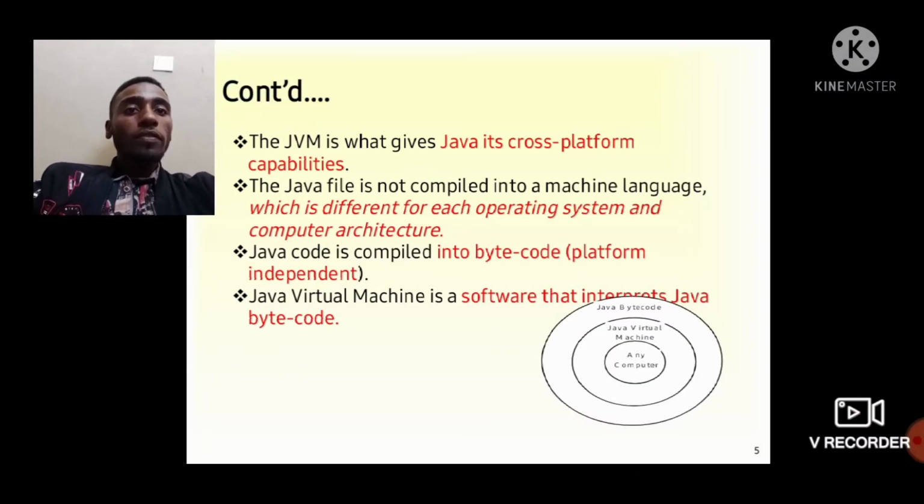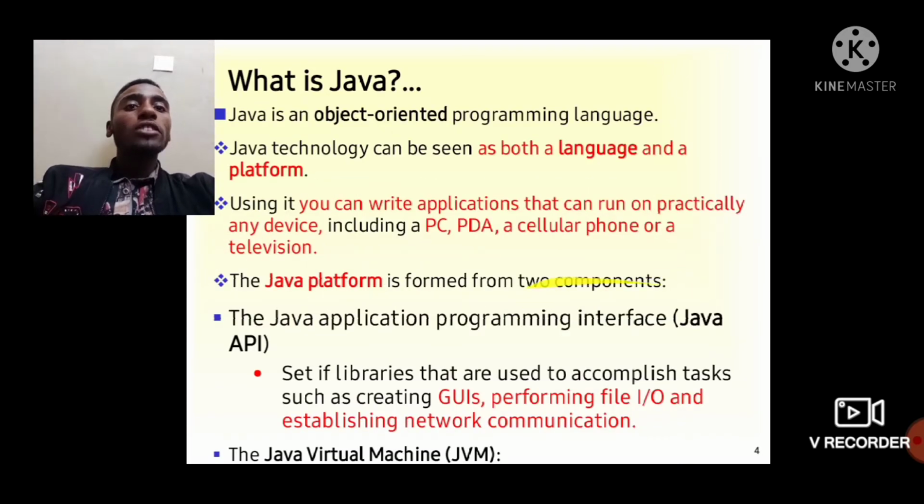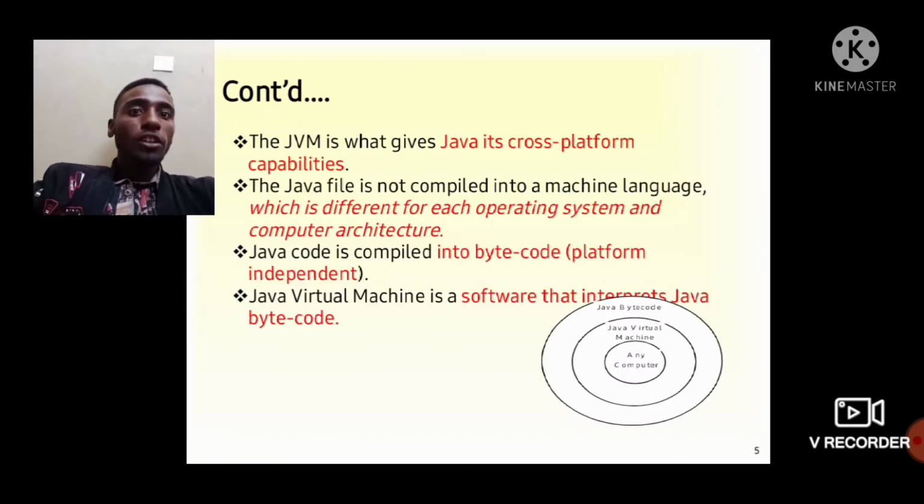When you use the Java Virtual Machine in executing your code, JVM is what gives Java its cross-platform capability. Java code is not compiled into machine language, which is different for each operating system and computer architecture.